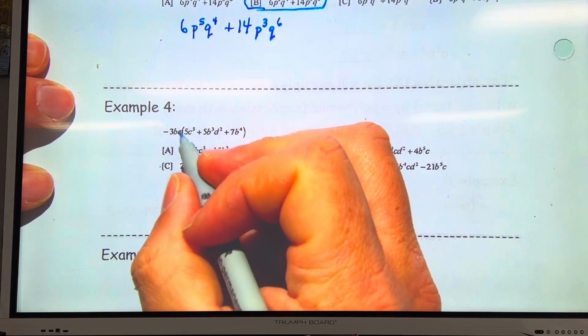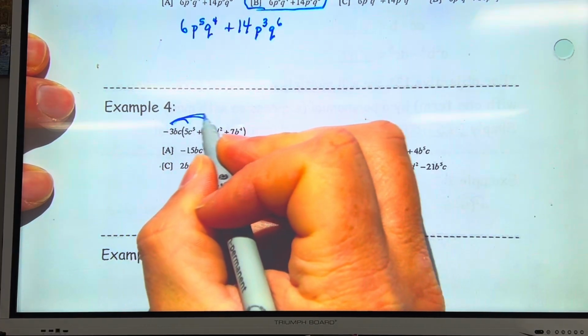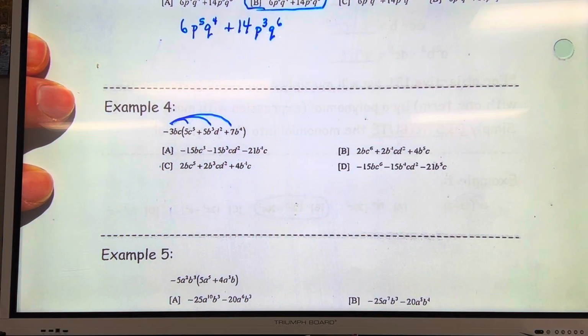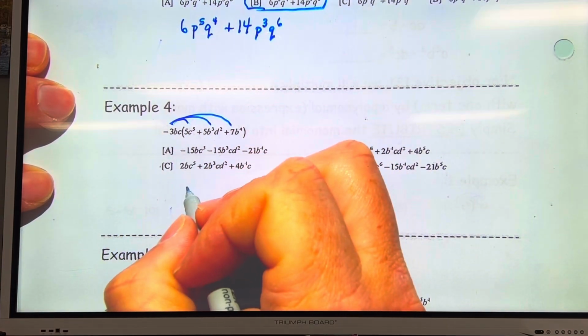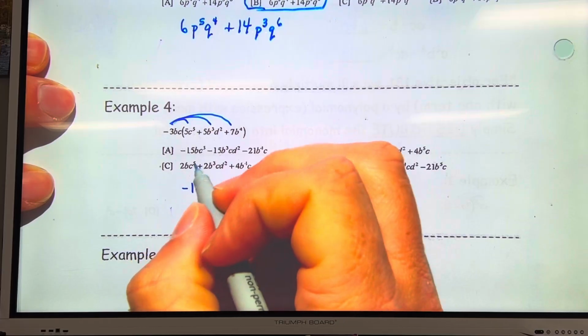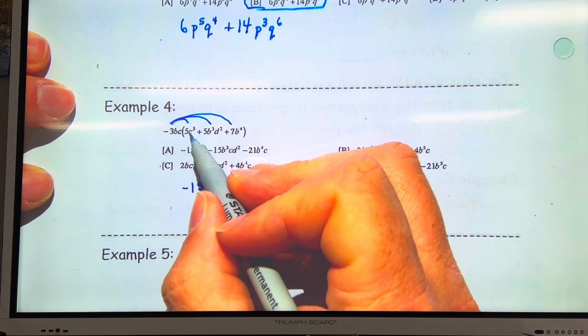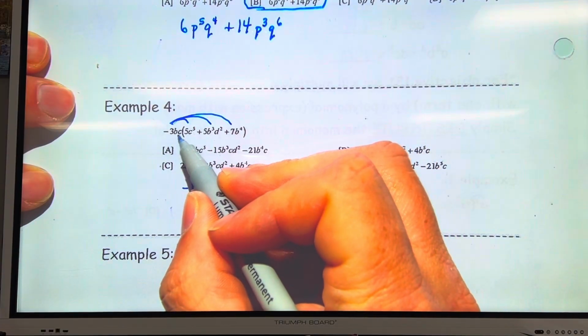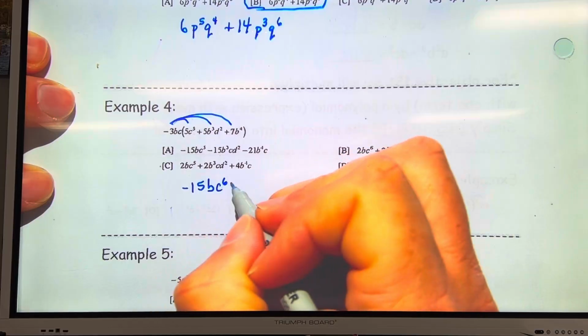So again, I'm just adding another piece in all these. So I've got 3 things to multiply together. So negative 3 times 5, negative 15. B times nothing, so I'm just going to write the B. C times C to the 5th, add, C to the 6th.